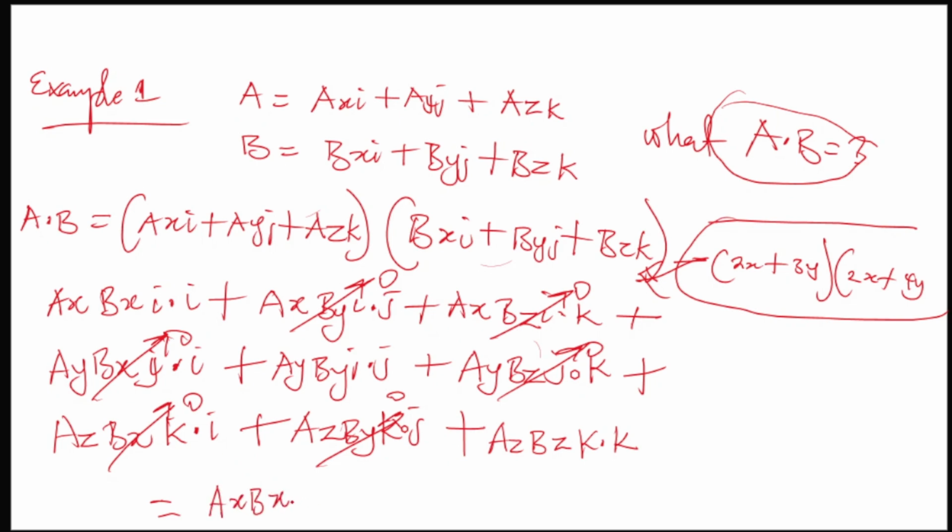AₓBₓ, this is 1 already, plus what's the next one? The next one is AYBY, so we have AY BY. What's the next one? The next one, this is 0, this is 0, this is 0, and the next one is plus AZ BZ. Am I communicating?